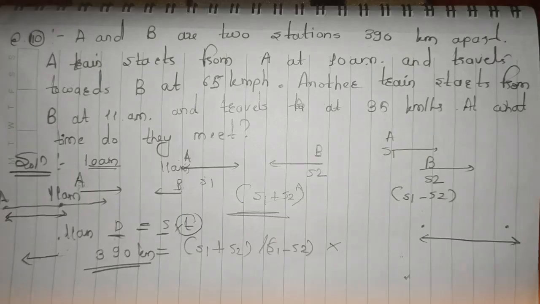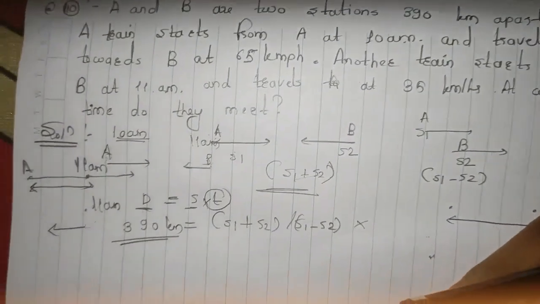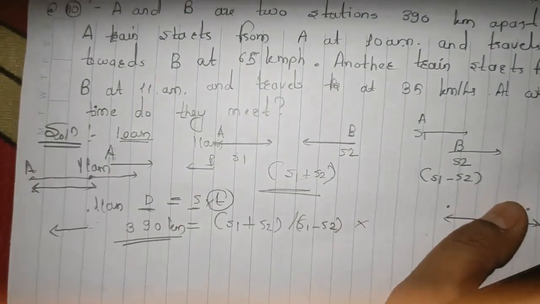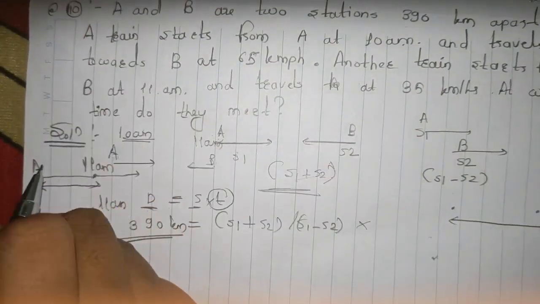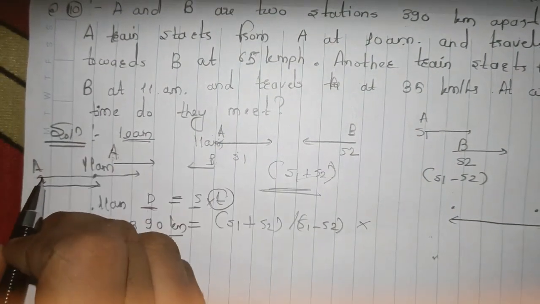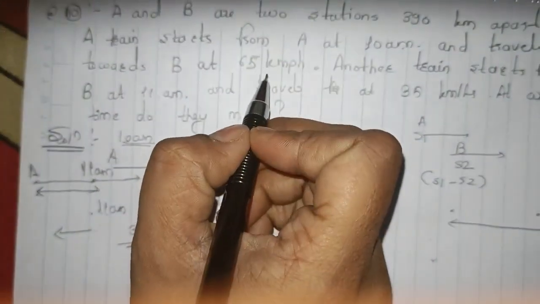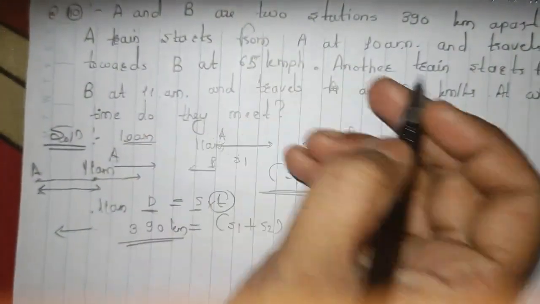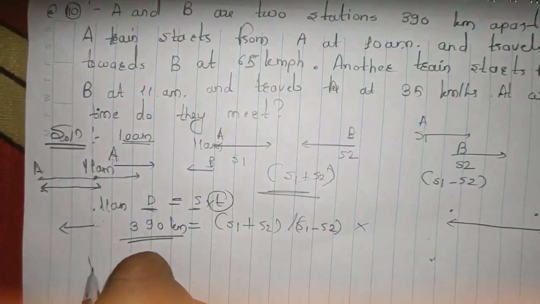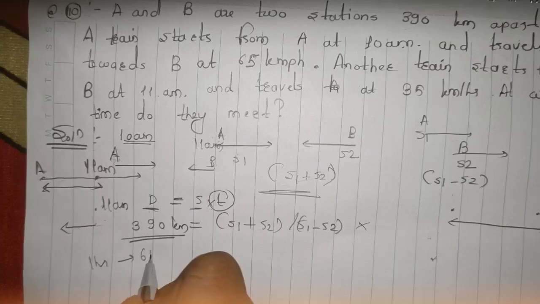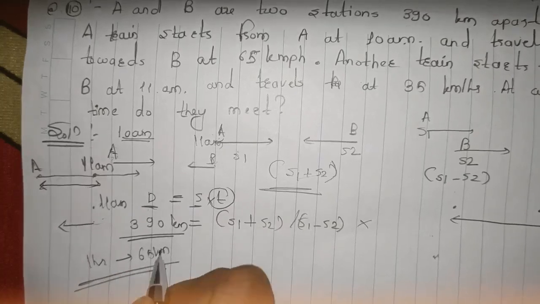So now, as I've told you, we have to subtract this distance. What is the distance travelled by A from 10 am to 11 am, that is, in 1 hour? We know the speed of A is 65 km per hour, which means in 1 hour A has covered 65 km. Am I correct here?